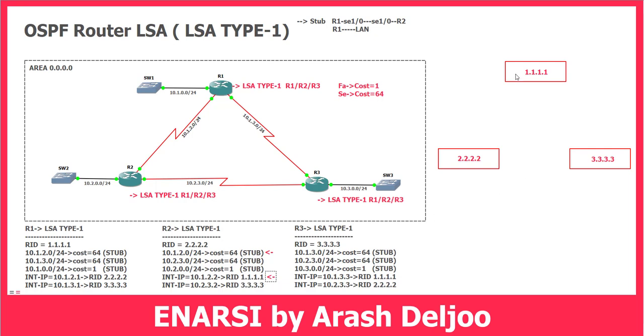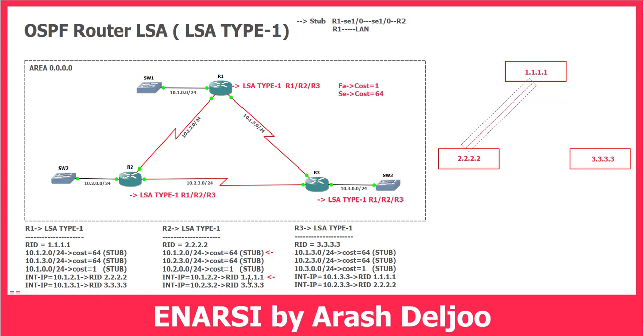What does it mean? R1, with these two lines, can understand that we have one link between router 1 and router 2, let me say between quad 1 and quad 2, because as you can see we have this information.